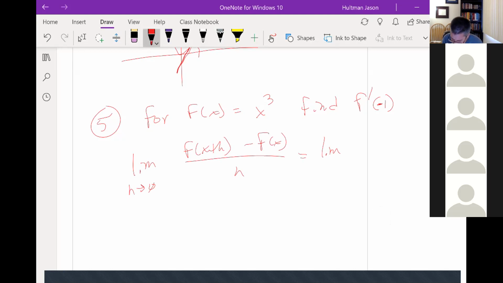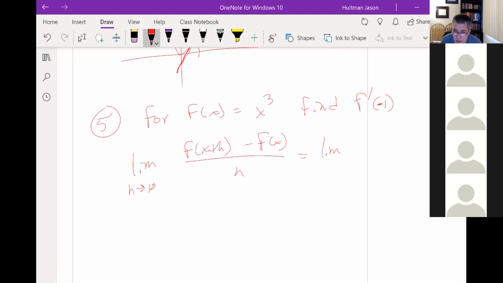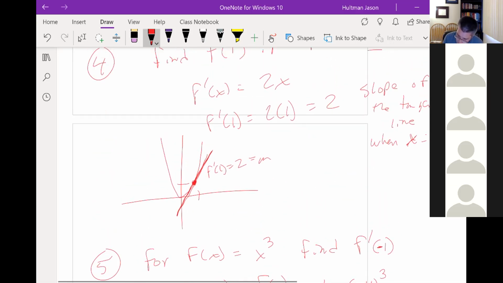So now this is going to be equal to the limit of f of x plus h. What's f of x plus h? Well, f of x plus h is just my original function, but instead of x, I have x plus h. So this is going to be x plus h cubed minus x cubed, as h goes to 0, as that difference goes to 0, right?